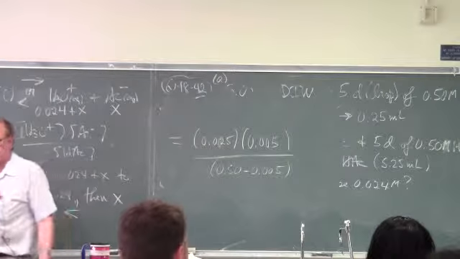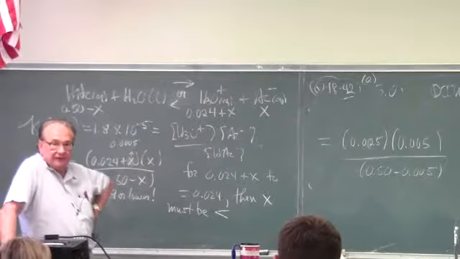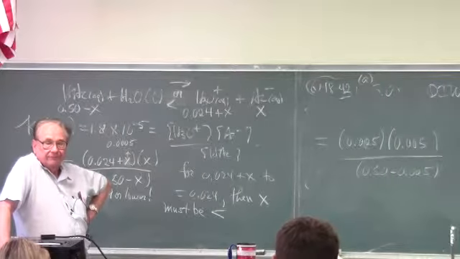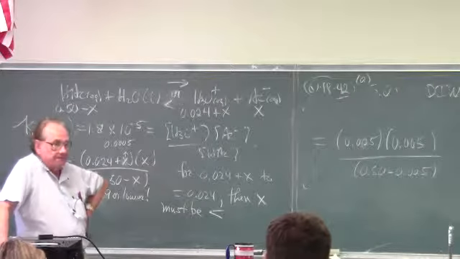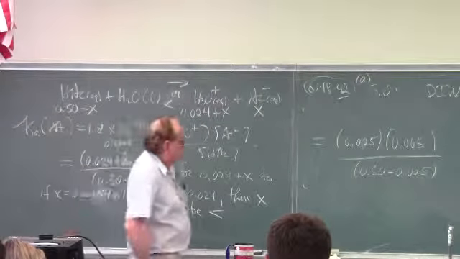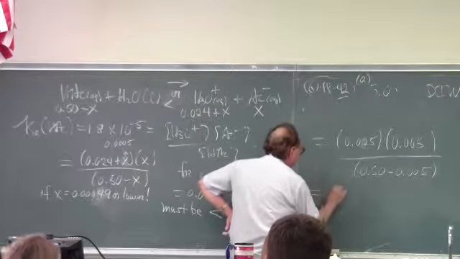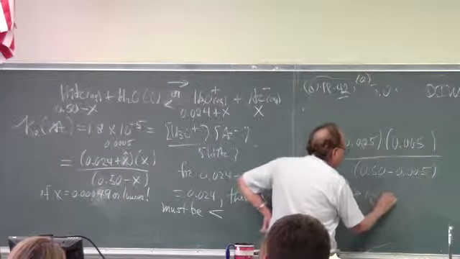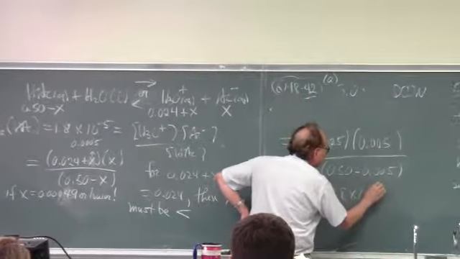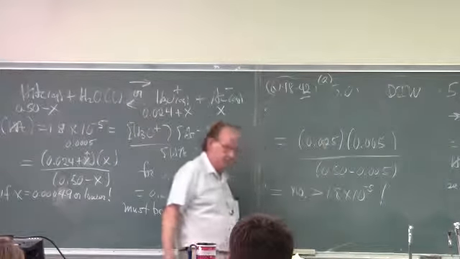That's the arithmetic I've got to do. Now, when I do this arithmetic, it equals a number which is greater than 1.8 times 10 to the minus 5.